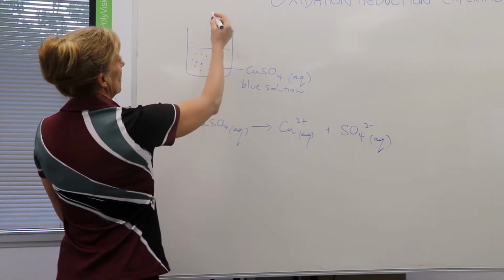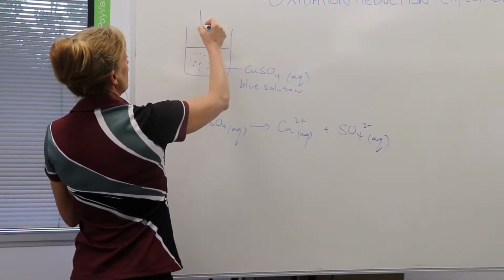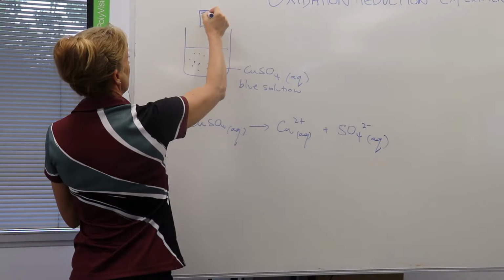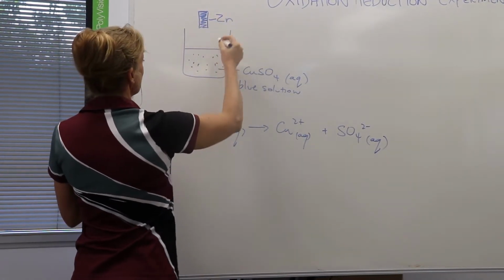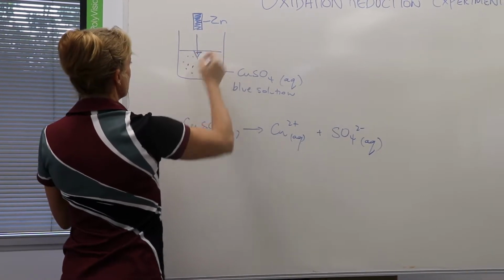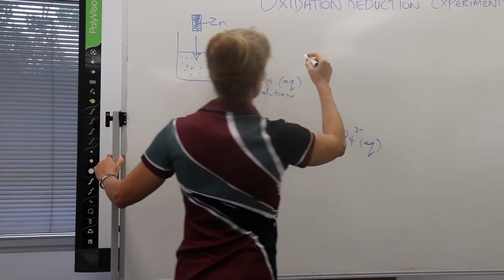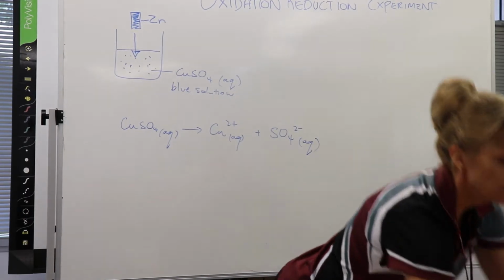So if I then drop a piece of metal in here, and it's zinc, we're going to drop it into the solution, and you would see an instant reaction. I'll just use a different colour.